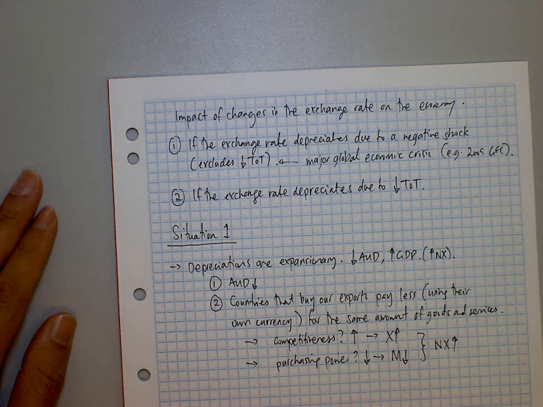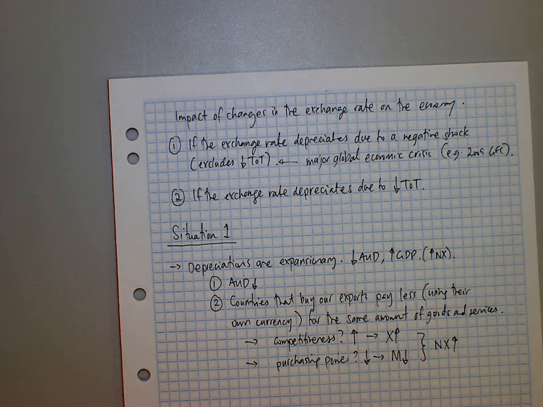So does anyone have questions about situation 1? So just remember, we have not spoken about short-term, long-term changes in the immediate future versus later down the track. This is how you would describe the impacts of a depreciation of the Australian dollar.